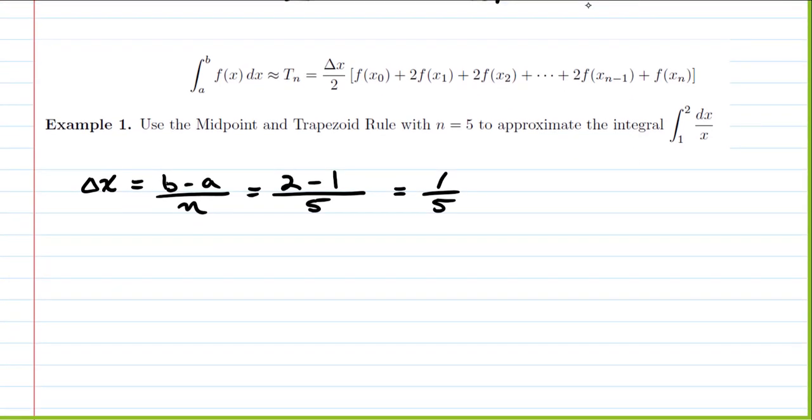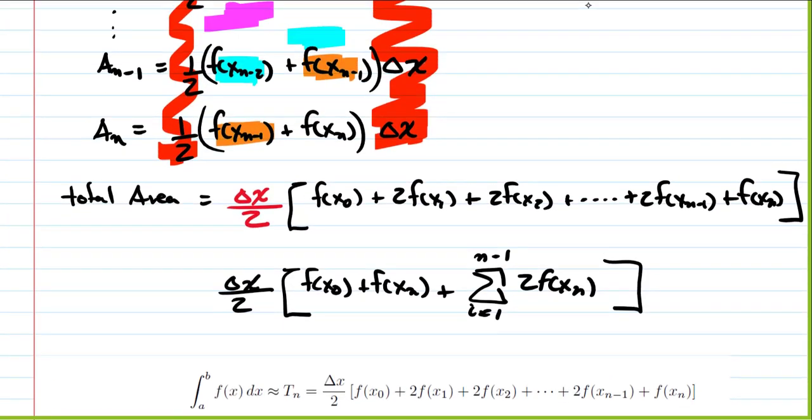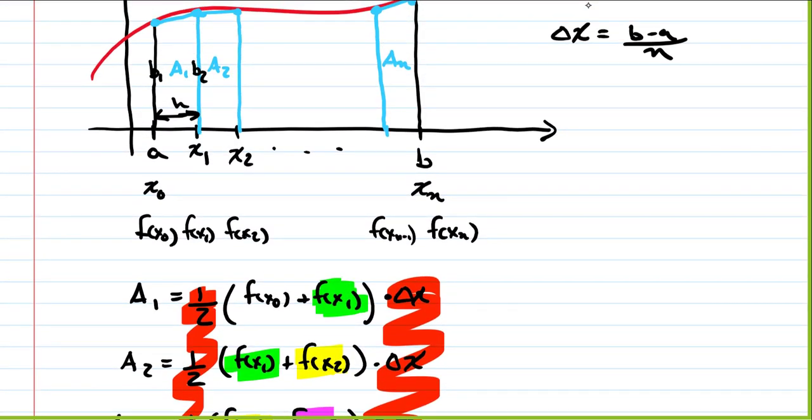We then need to know what our partition is. If we come back and look at our graph, our partition starts at a and ends at b, and a corresponds to x sub 0, and b corresponds to x sub n.